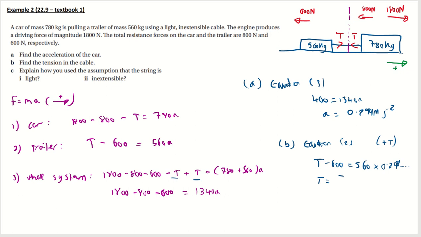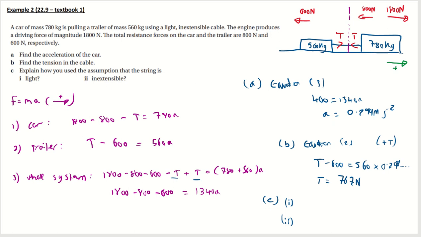To 3 significant figures, it gives me 767 newtons. That's fairly straightforward. It's all about the quality of your diagrams and your understanding about splitting it into forces on one object at a time, as well as the whole system. As I said, you could just add these two together to create that bottom one directly, or even find this one first.